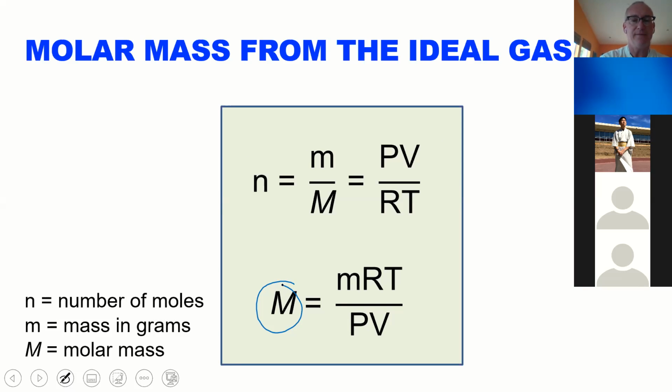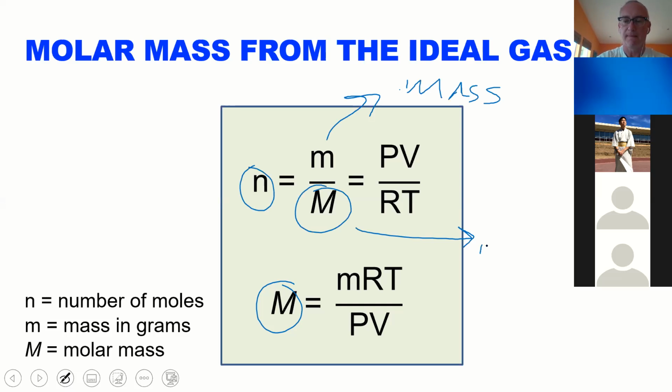Because N, number of moles, is equal to the mass of a gas over the molar mass, and this is how the actual molar mass of gases was calculated, using this particular equation.